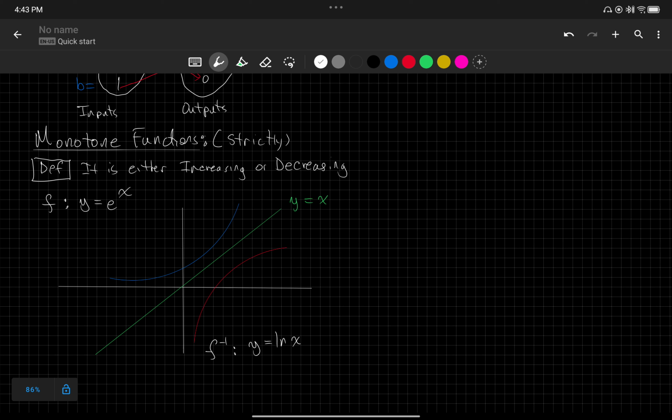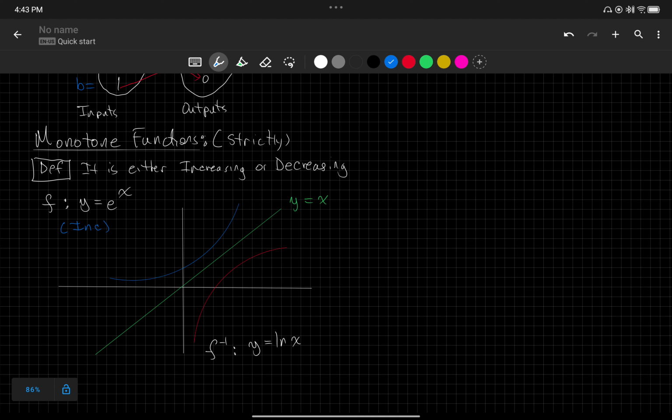All right, well, looking at it, e to the x is an increasing function, and it's always increasing. So that means that when you do the reflection, it's going to have an inverse function, and it sure does.